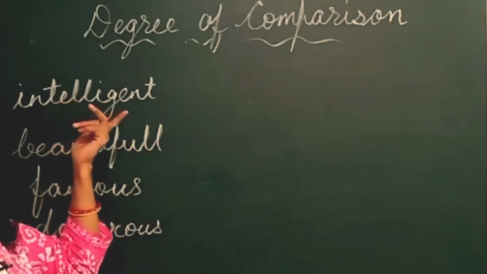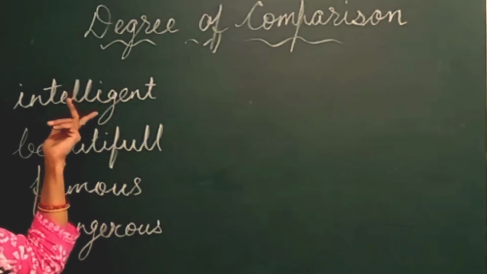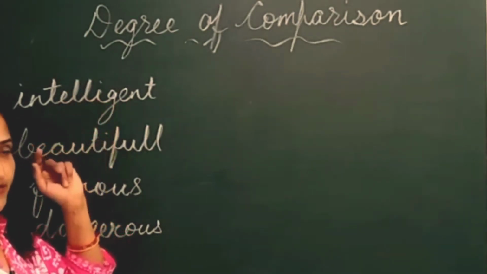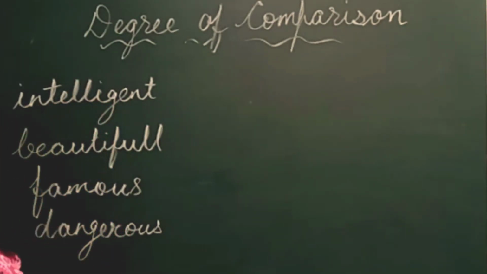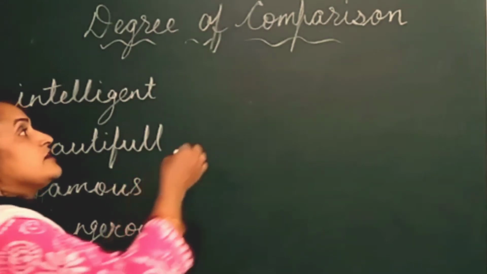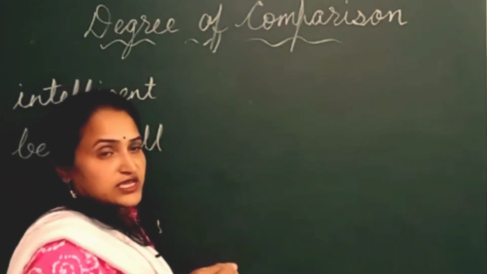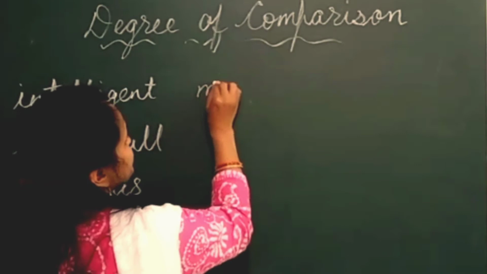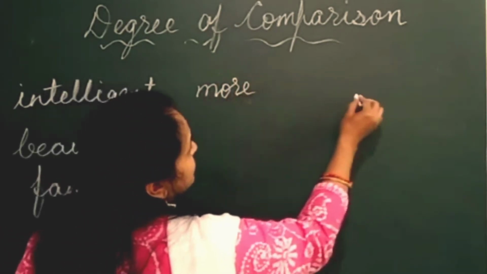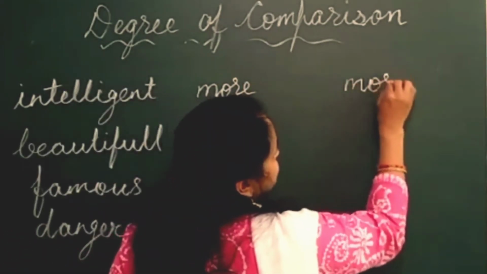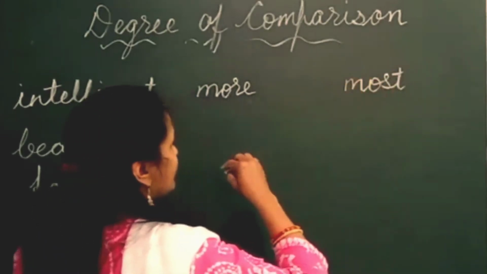So when an adjective has more than one syllable, to make its comparative and superlative degree, we do not use er or est. We use more and most before these words.